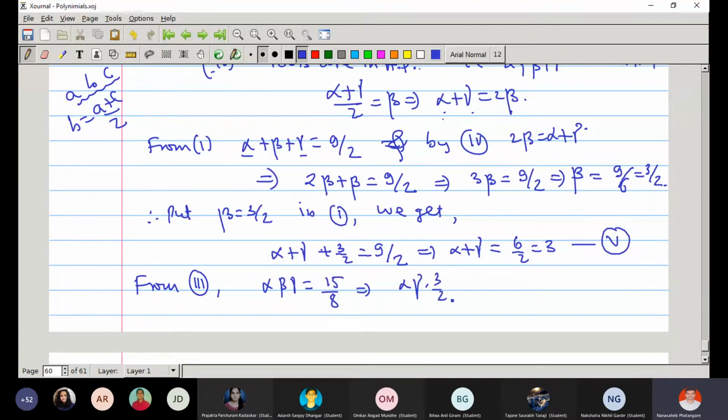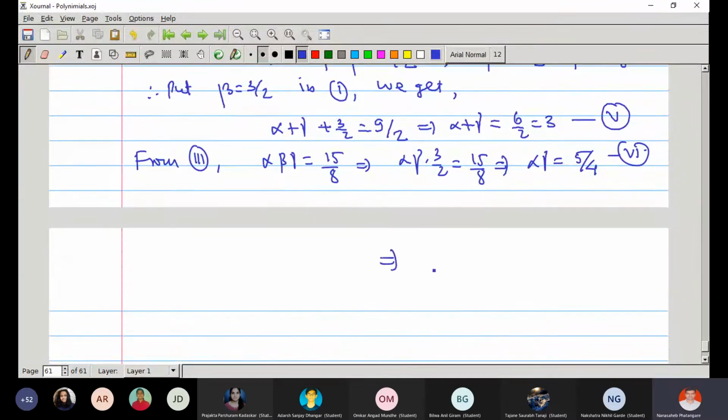That means alpha gamma is equal to 5 by 4. Right. So from this, gamma is equal to 5 upon 4 alpha. Now remember, can we divide by alpha? Is it allowed?